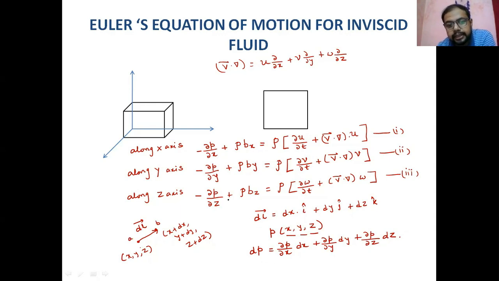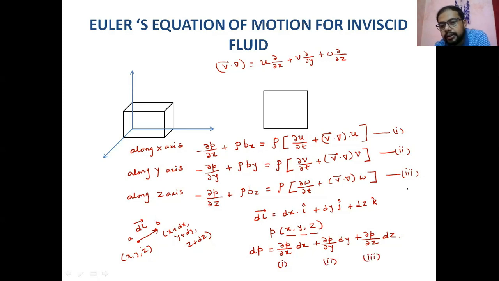So in that equation, the del P del x value you can put from equation number 1, del P del y from equation number 2, and del P del z from equation number 3.